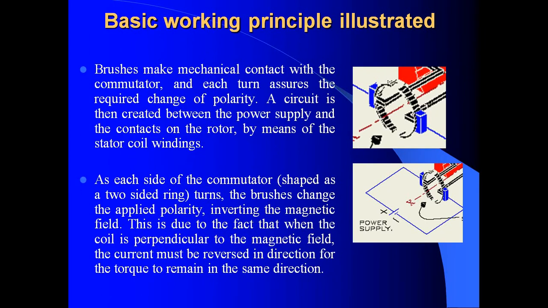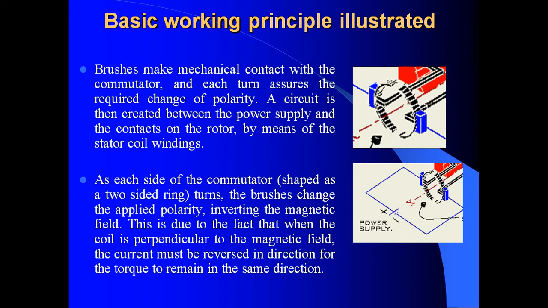Basic working principle illustrated. Brushes make mechanical contact with the commutator, and each turn assures the required change of polarity. A circuit is created between the power supply and the contacts on the rotor by means of the stator coil windings.